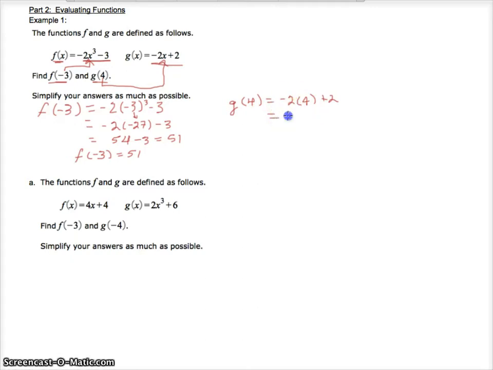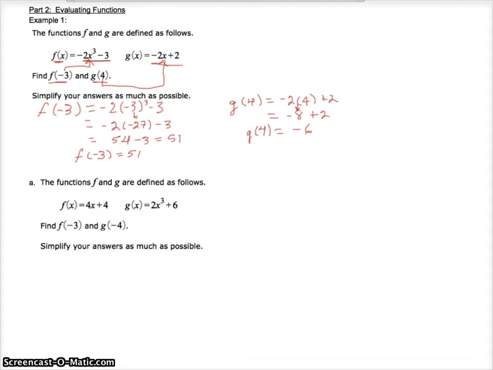G of 4 equals negative 8 plus 2. Negative 2 times 4 is negative 8. Now I can apply negative 8 plus 2. That gives me negative 6. So the function g at 4, when x is 4, g of 4 is negative 6.